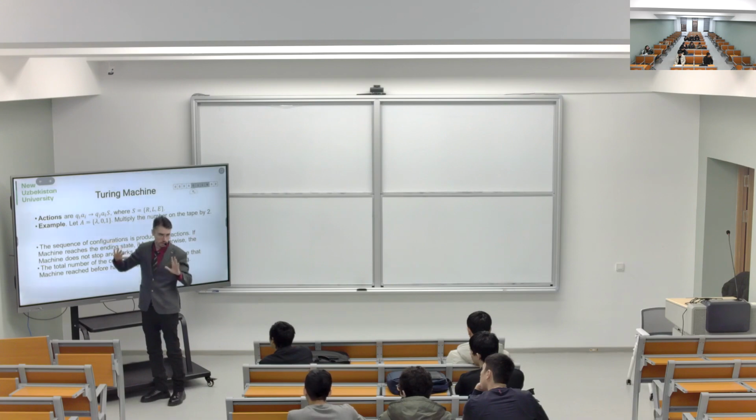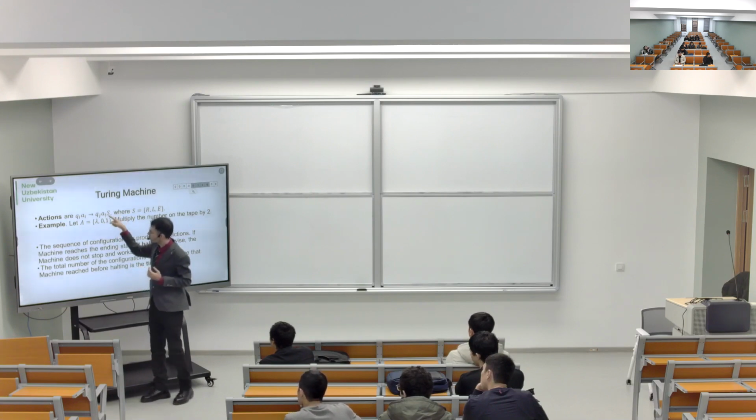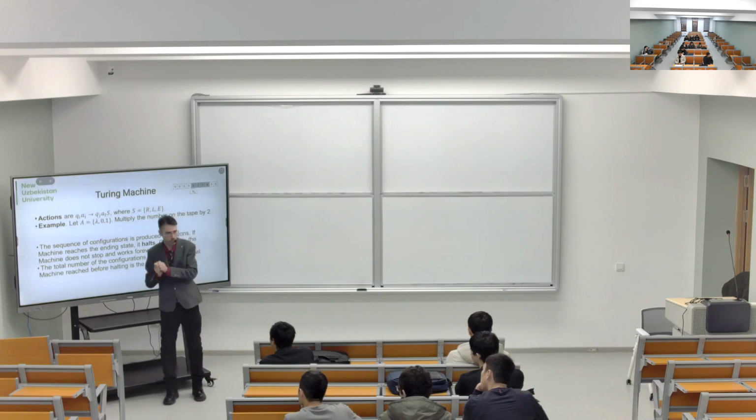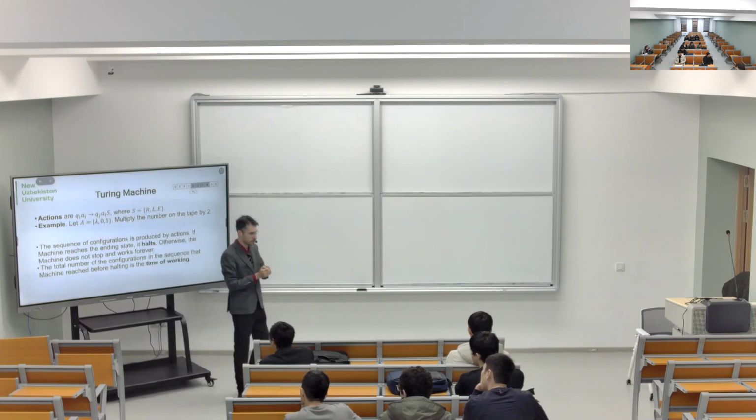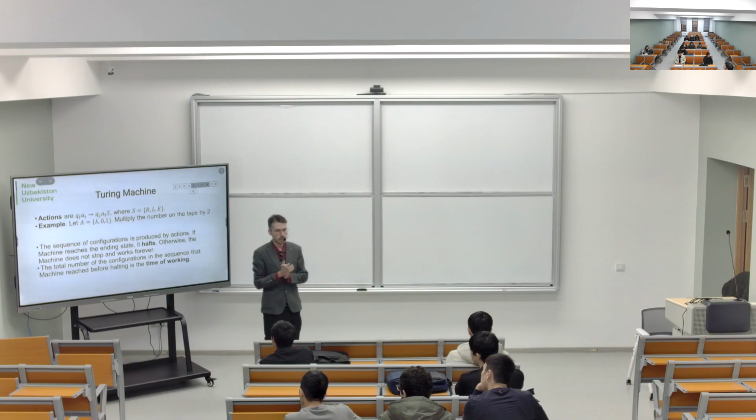It's not restricted. At any state, you can move to any state and write any letter. You can keep the same letter Ai, or maybe replace the letter. It's up to you. And then do the action: move right, left, or stay in the same place. Okay. Does it make sense?